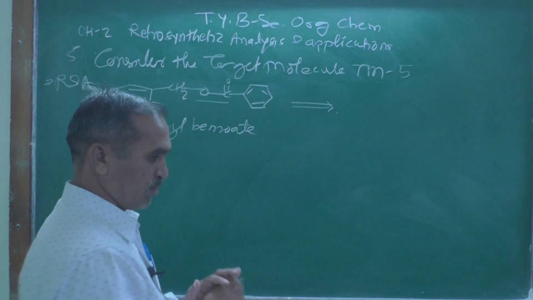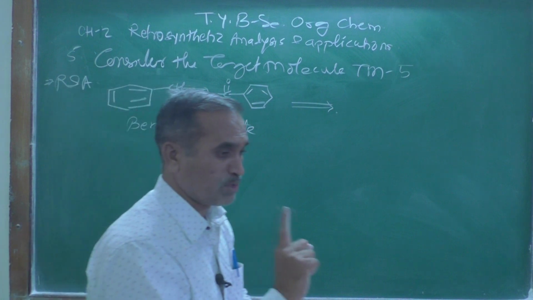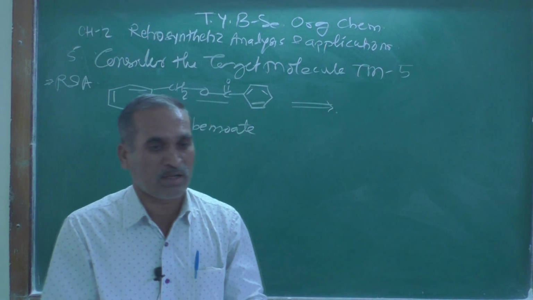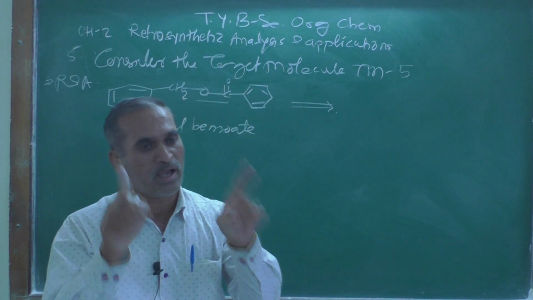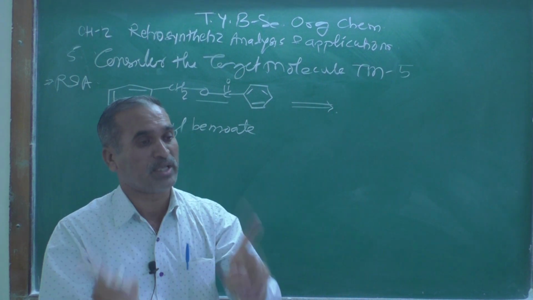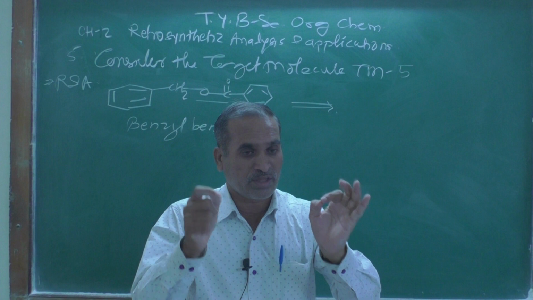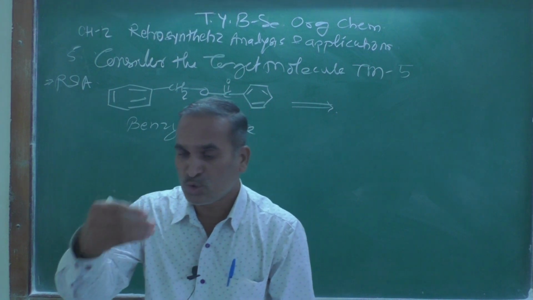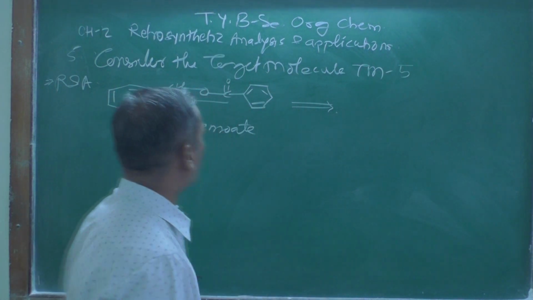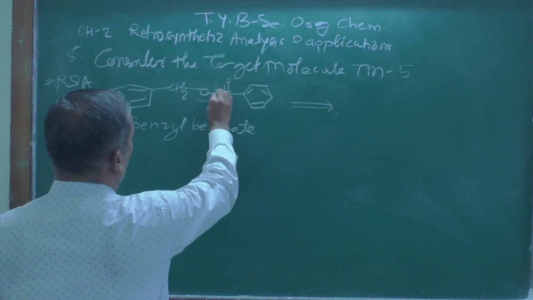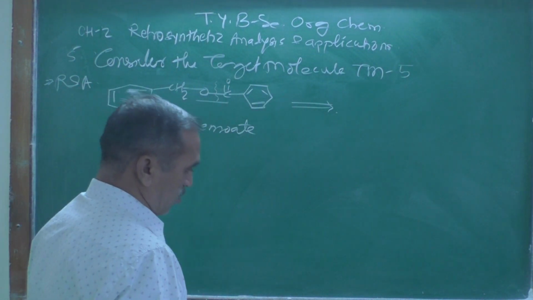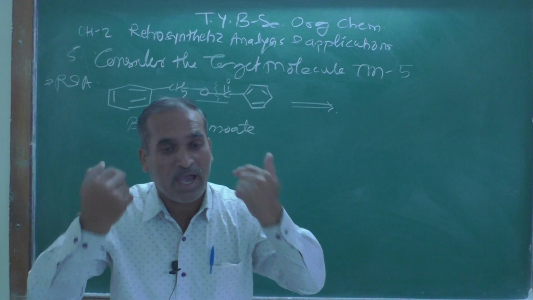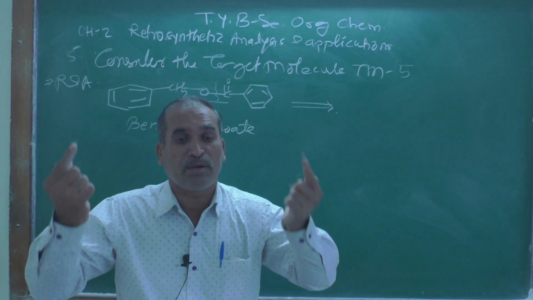There are various possibilities, but I am not going to show them all, only the one that is most preferable and suitable, because, as I told you at the beginning, you must think in a logical way so that you can disconnect properly. Suppose I break the bond between carbon and oxygen, which breaks easily because I have in mind how I can make that bond.